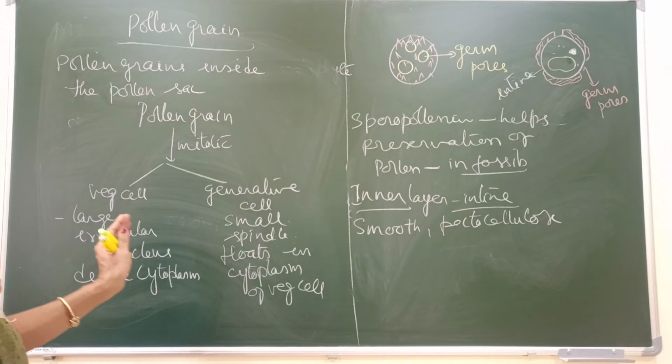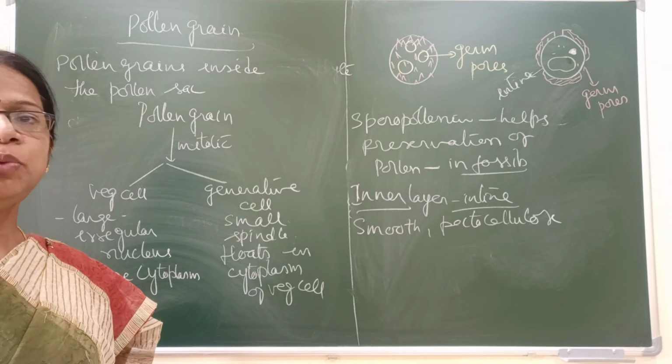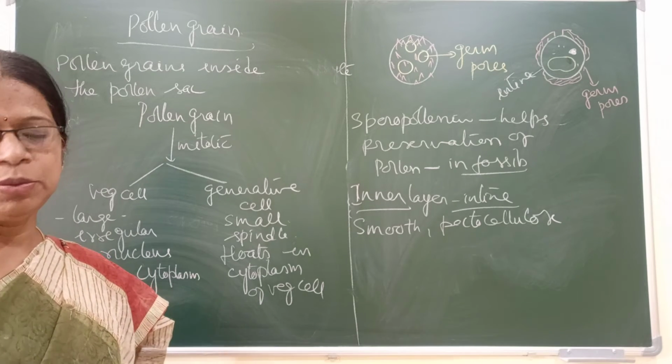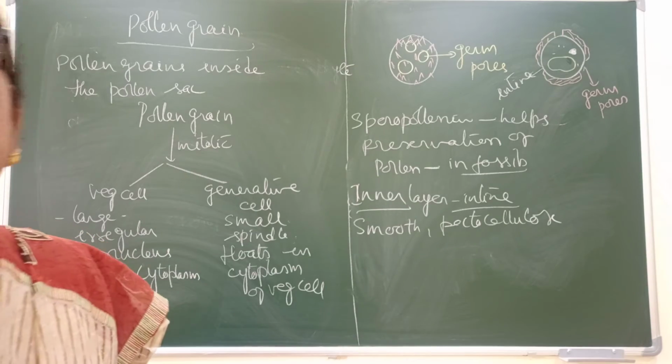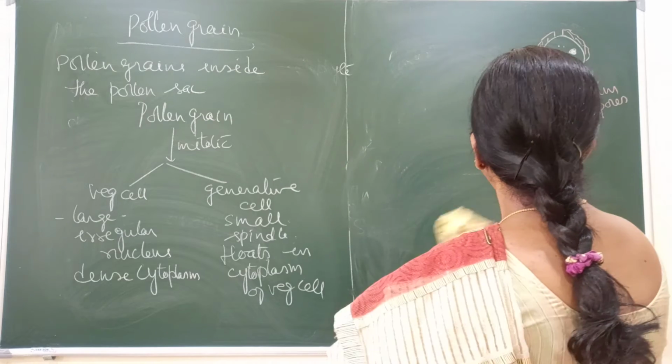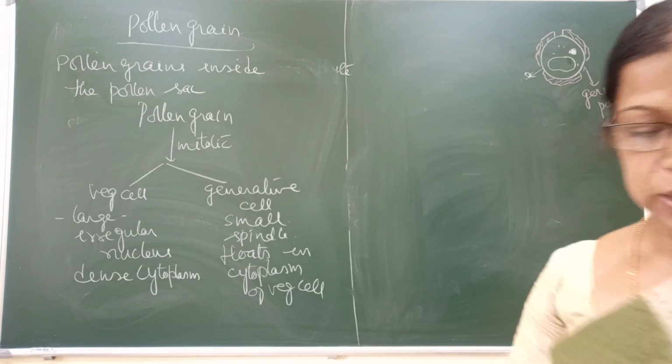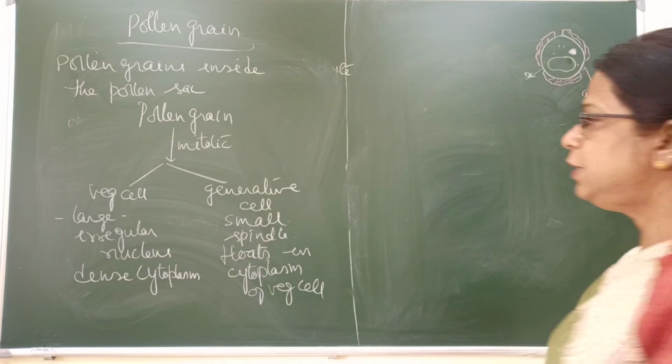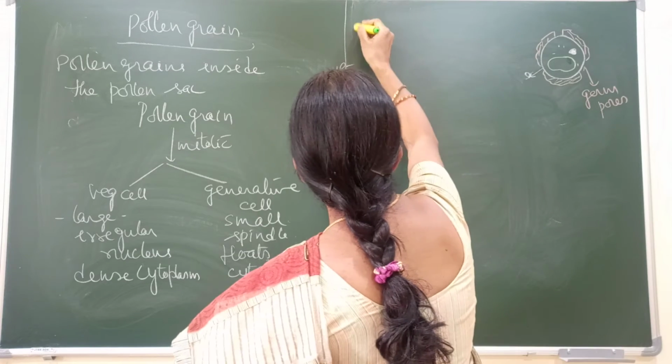At this two-celled stage, in most angiosperms, pollination takes place.